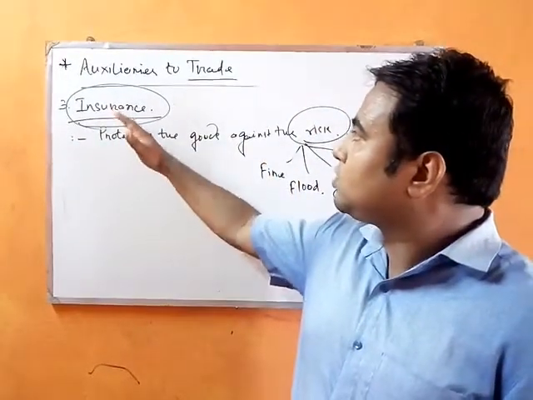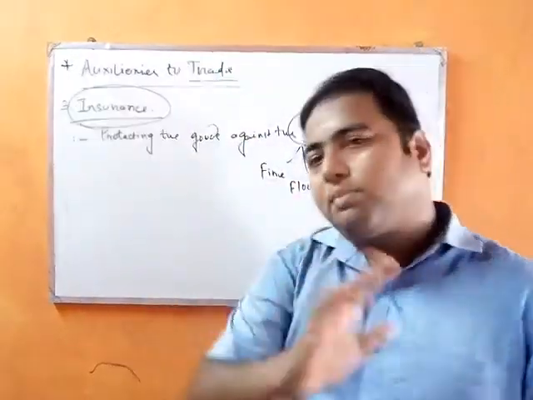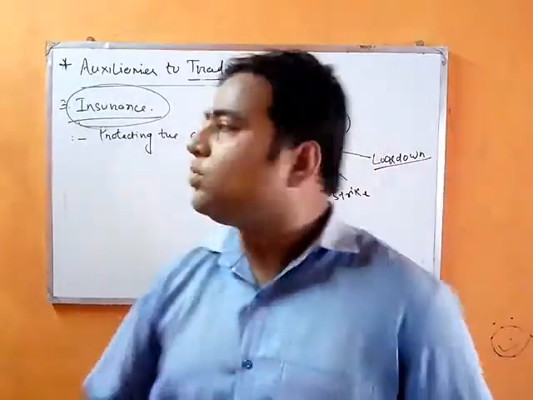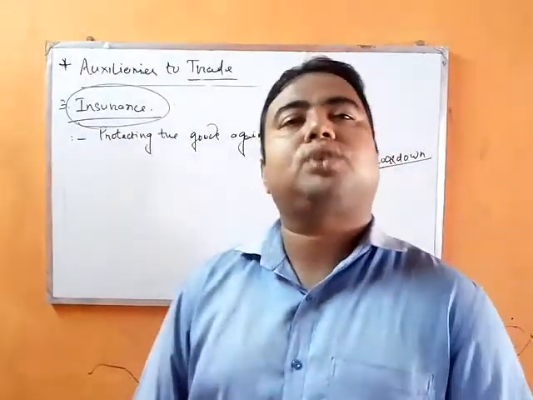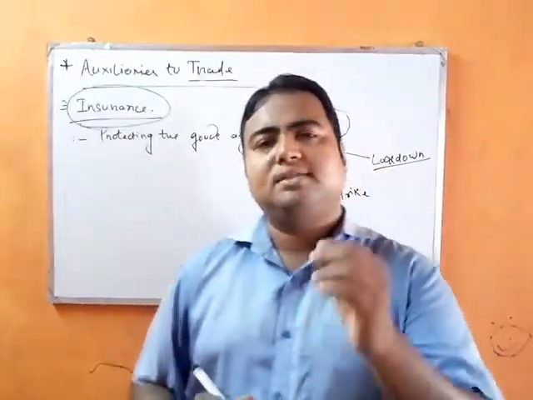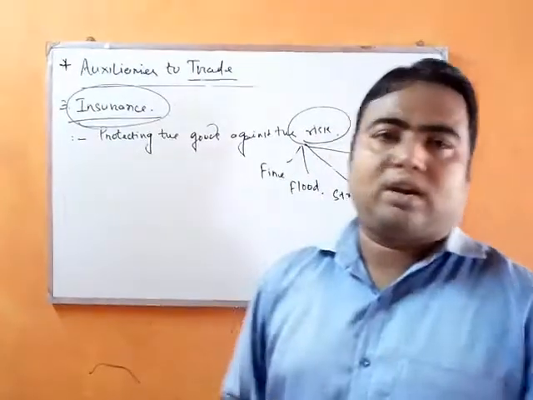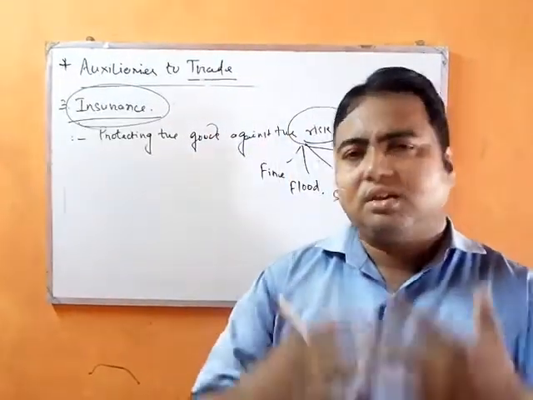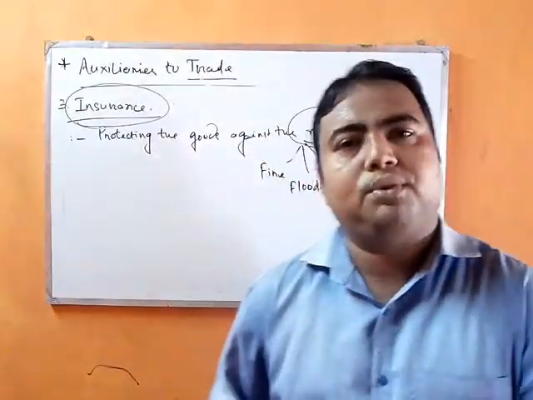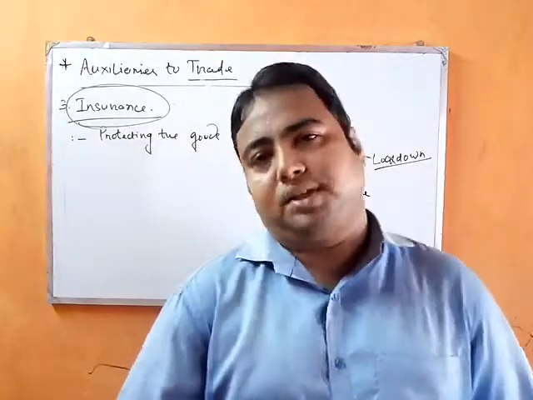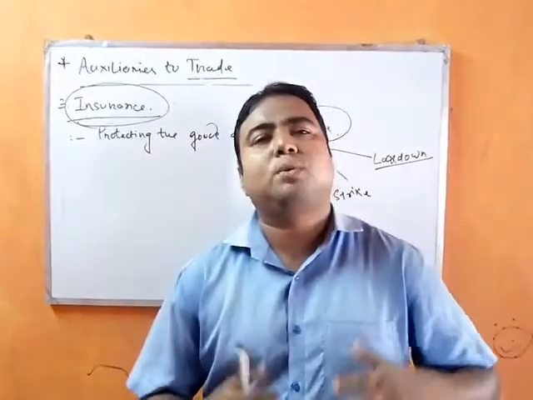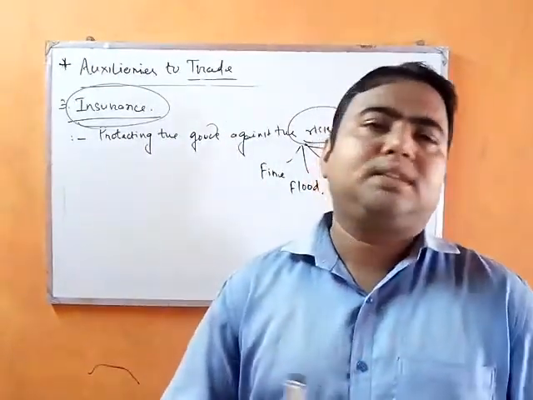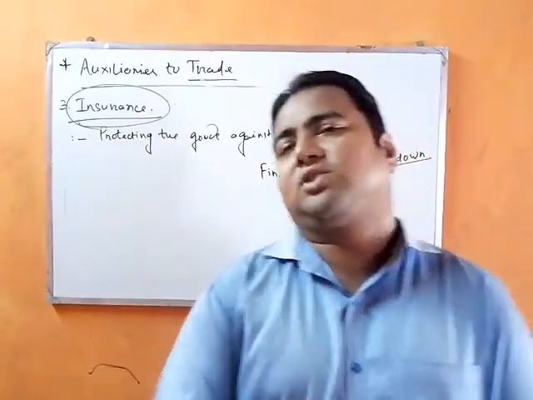Without the concept of insurance, the concept of trade cannot be made possible. Hence insurance has always been considered a major auxiliary to trade. Without insurance, no business organization can survive, or we may say every business unit will face a lot of problems if they are not able to properly insure the goods with an insurance company, especially during the stage of crisis.